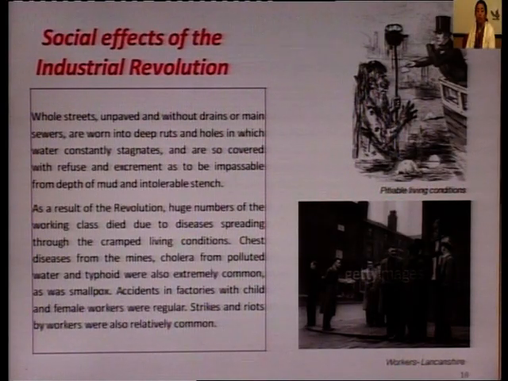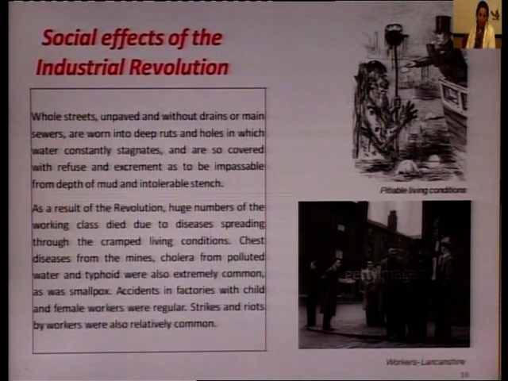And they are so covered with refuse and excrement, even the human waste was dumped into the streets, as to be impassable from the depths of mud and intolerable stench. So in this kind of poor living condition, how could one expect that workers are actually going to produce good results from technology? As a result of the Industrial Revolution, huge numbers of working class died due to disease.